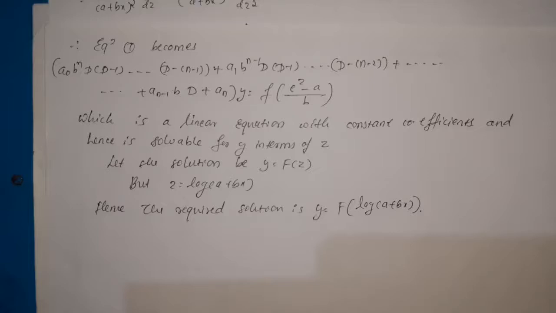There we substituted D into D minus 1, D into D minus 1 into D minus 2, and so on. But here the only extra thing is b, where b is the coefficient of x in the linear term a plus bx.